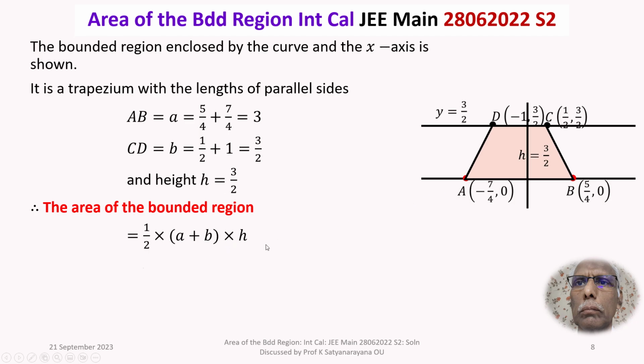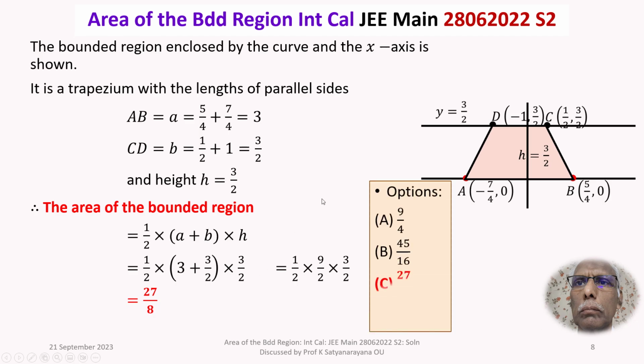So now 1 by 2 into (3 plus 3 by 2) into h 3 by 2, and simplify: 1 by 2 into 9 by 2 into 3 by 2, you will get 27 by 8. So that is the area of the given bounded region, and the answer is 27 by 8.